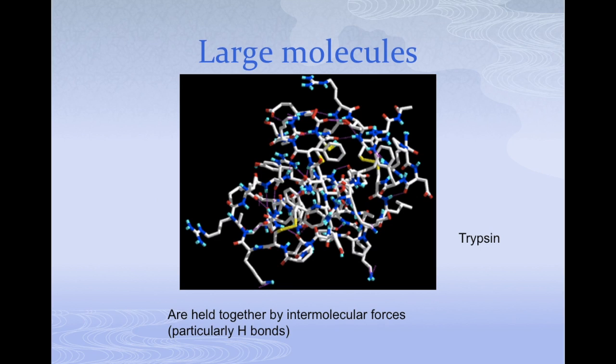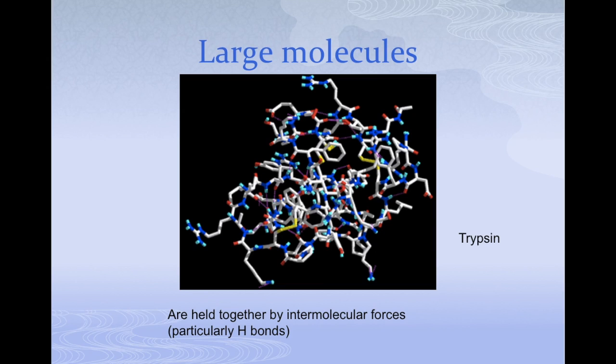Intermolecular forces are particularly important in large molecules, and shown here is trypsin, which is a digestive enzyme found in your stomach to digest proteins. It has a very complex shape, but it's a very specific shape and has to have exactly the shape in order to function.